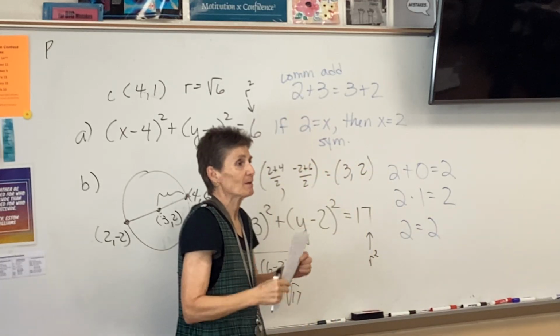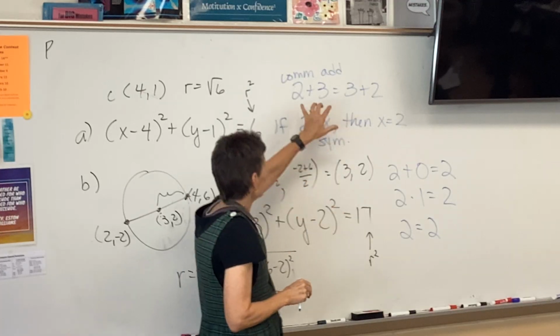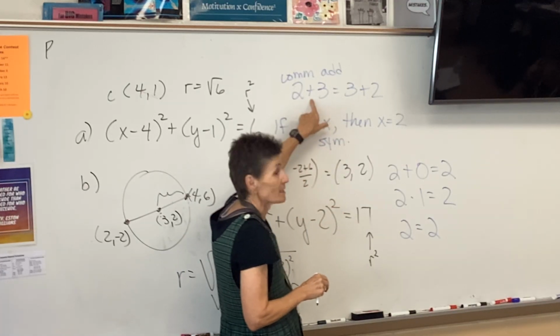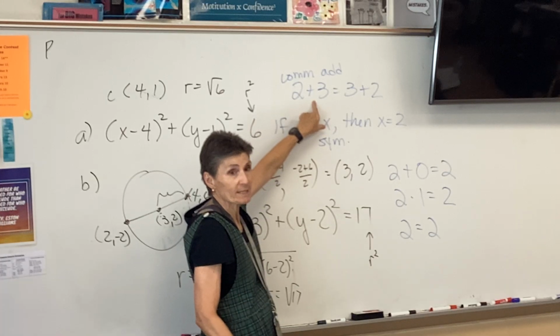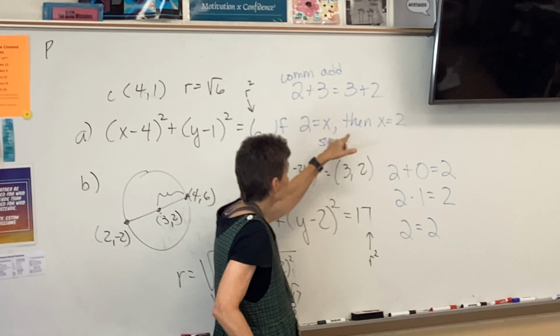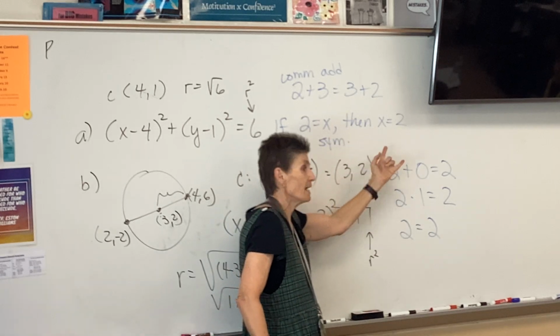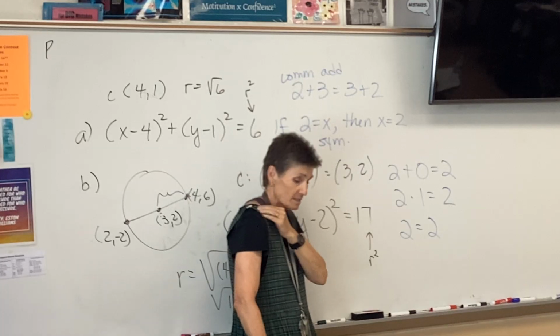Why is that? Well, both of them involve switches. But here, the switch is across a plus. Commutative is a plus or a times. Here, the switch is across an equals. So that is a property of equality. That is symmetric.